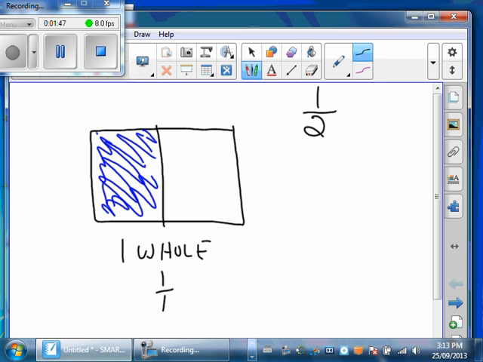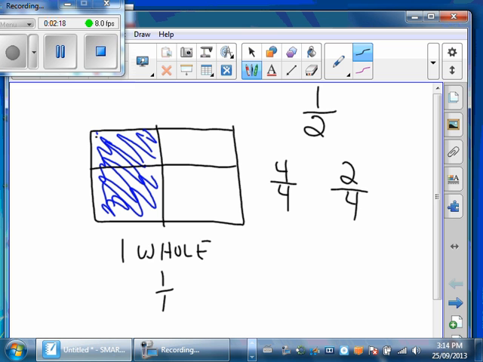Well, what would happen if we were to divide this up again and say, okay, well now we have 4 parts. So this entire thing, if we had all of it to have one whole, would be represented as 4 out of 4 parts. And out of this, we can say that 2 of those parts are shaded. 2 out of 4.